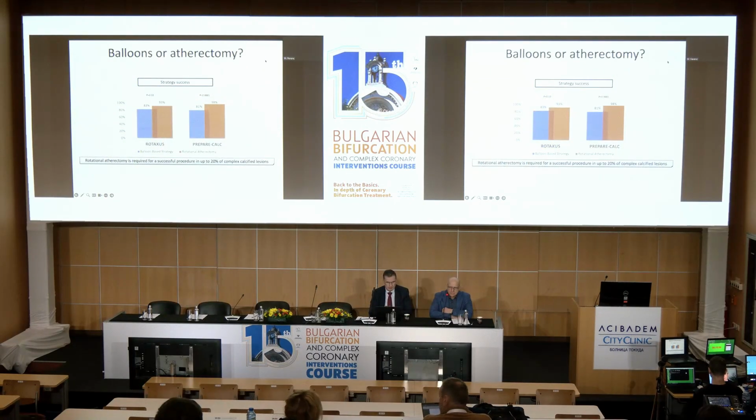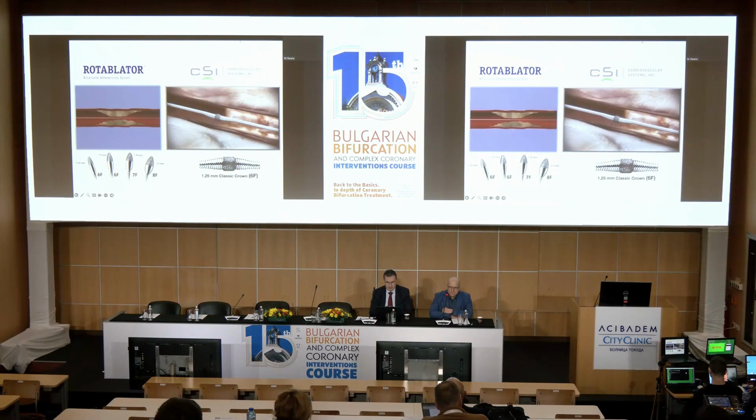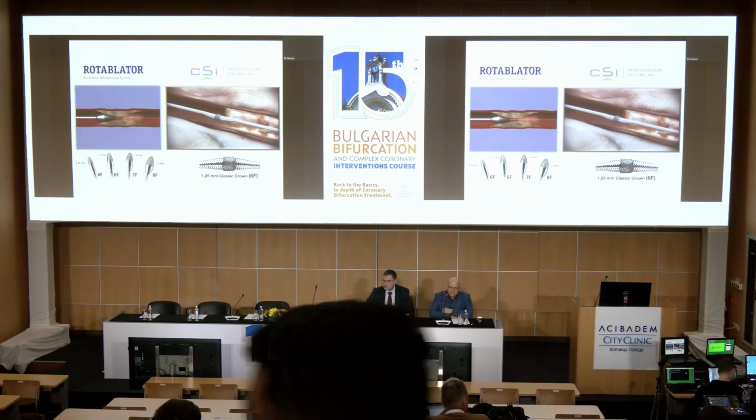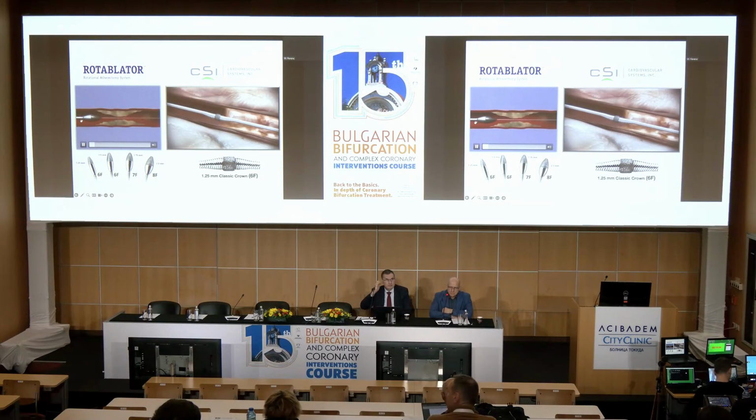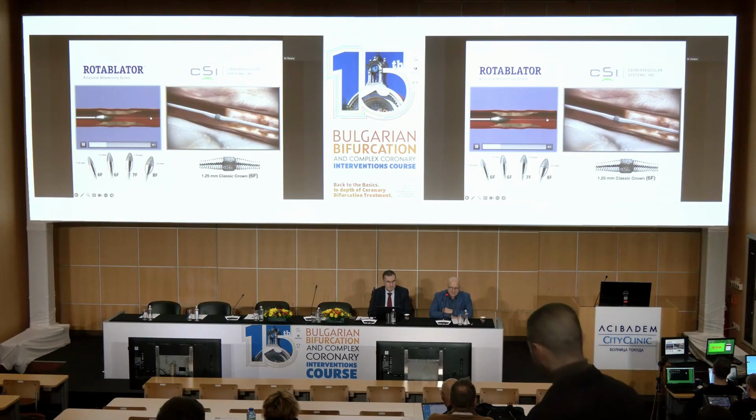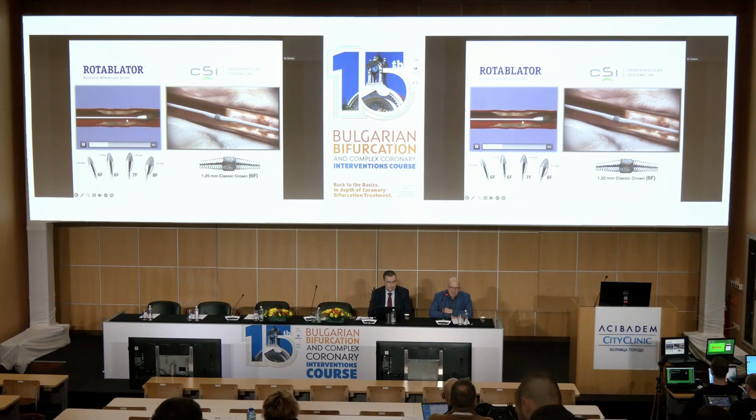So which devices do we have? Our Rotablator is easy going nowadays, but there are some limitations, mostly with a tortuous vessel. You should take this into account. If you have a very tortuous vessel, you can have the burr stuck, and then you will not be able to remove the burr back.